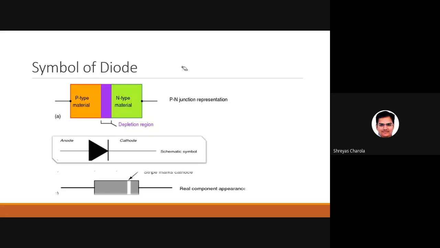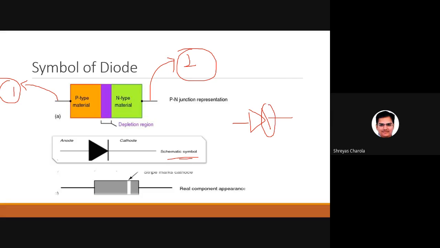Yes, sir. Now if you look at the symbolic representation, it's a two-terminal device, terminal number 1 and terminal number 2. With two terminals, one should be positive and the other negative. How would you represent it in a schematic symbol? Suppose I have the diode symbol like this.